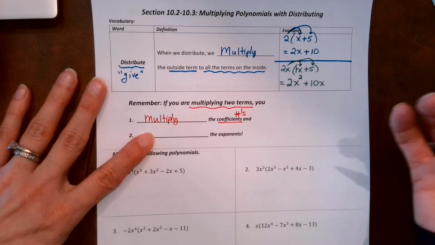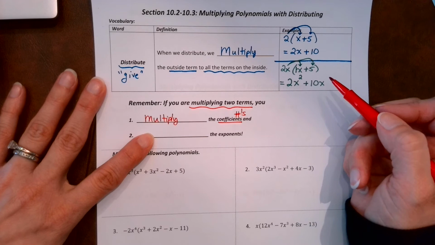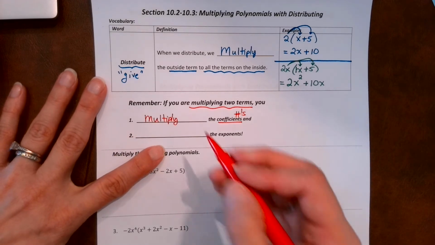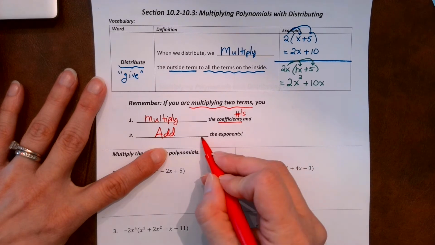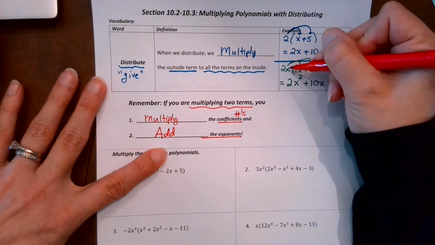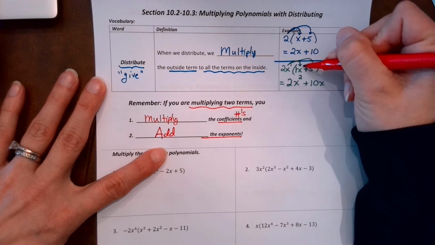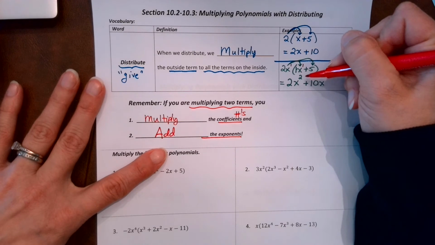You multiply the coefficients, 2 times 1. But we add the exponents. This was x to the first power times x to the first power to make a total of x to the second power.